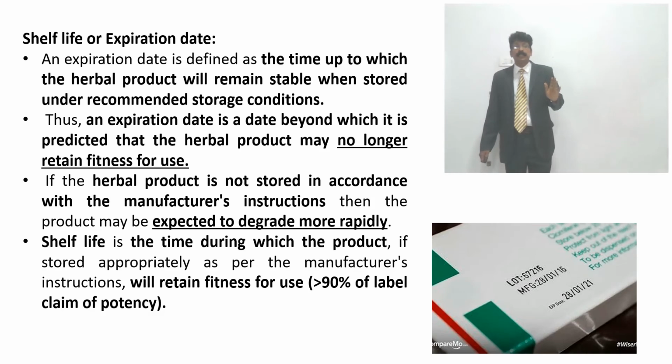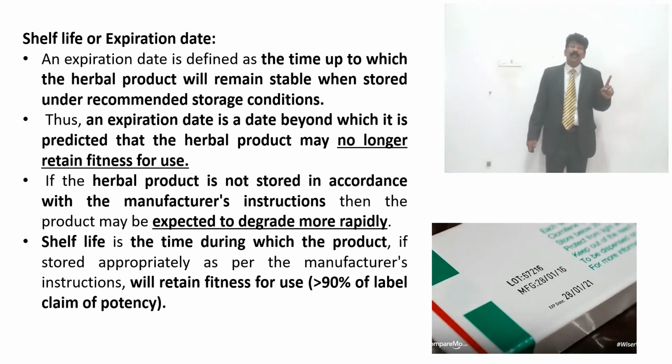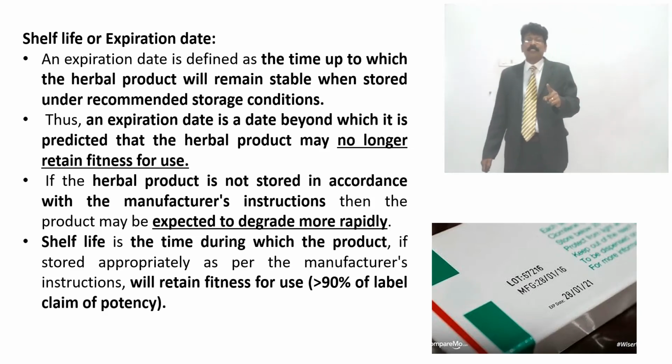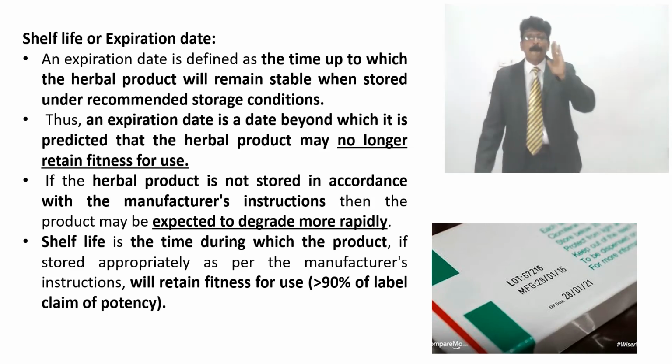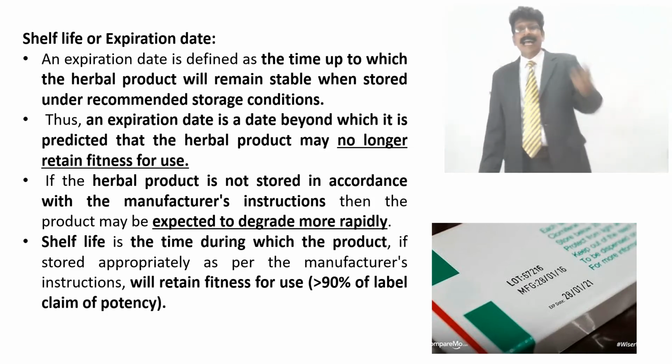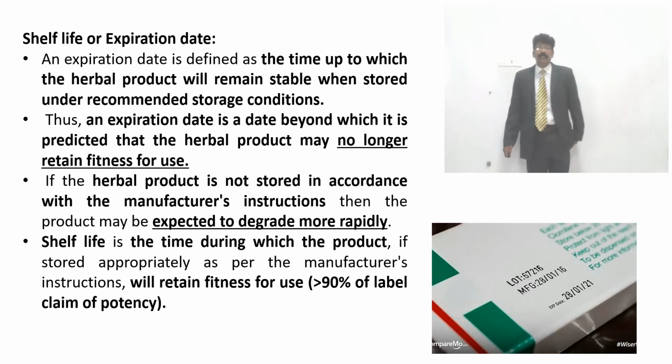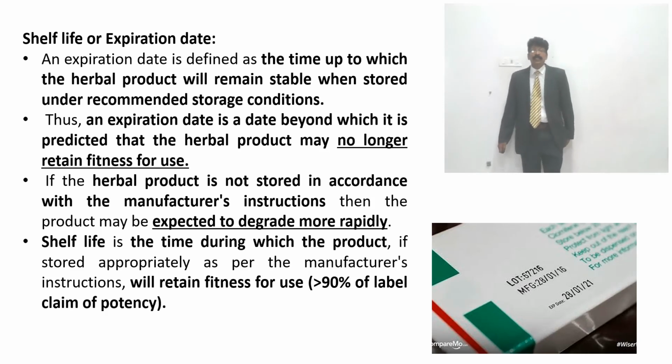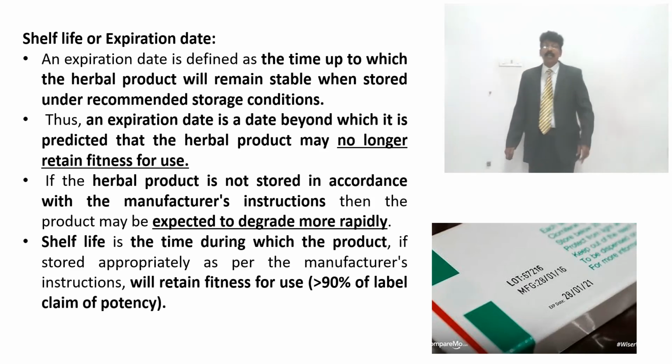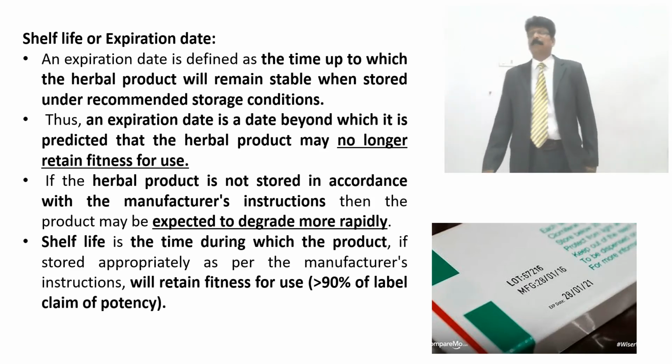Understand? Expected to degrade more rapidly. Shelf life is a time during which the product, if stored appropriately as per the manufacturer's instruction, will retain fitness of use, more than 90% of the label claim of potency.